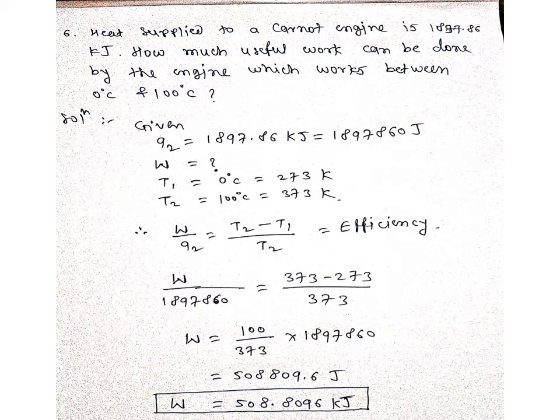Now put the values of number of moles, heat capacity at constant pressure, T2 and T1 into this formula and then solve this. You will get the answer, that is delta S is equal to 14.4026 joule per mole. That is delta S is equal to 14.4026 joule per Kelvin.